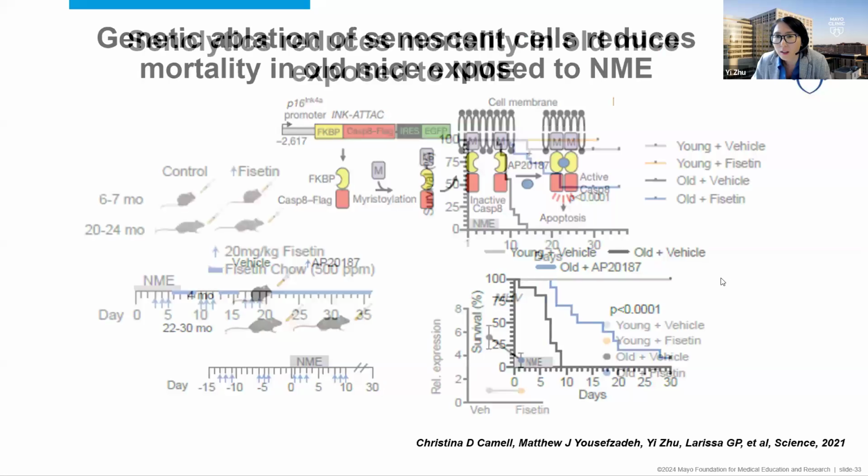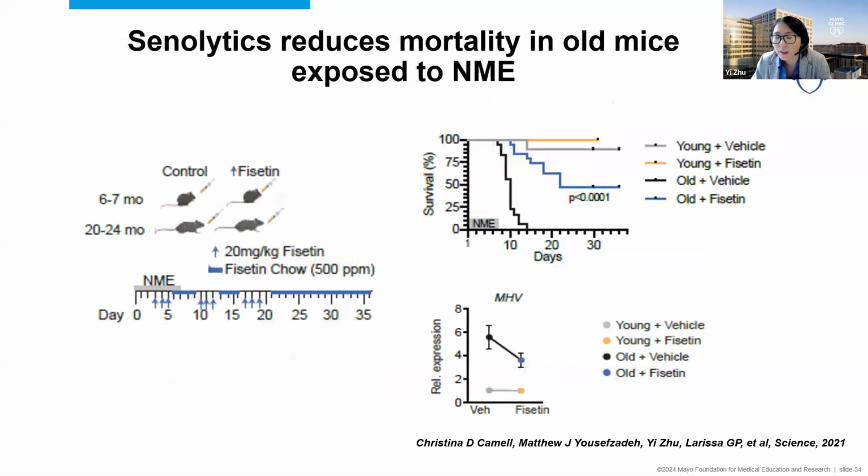And not only in the transgenic mouse model, but also with senolytics, the chronic treatment with fisetin, we also saw a significant improvement in survival after exposure to the infection. Senolytics not only increased the survival of the mice, we also observed a significant reduction of the viral load in those mice.